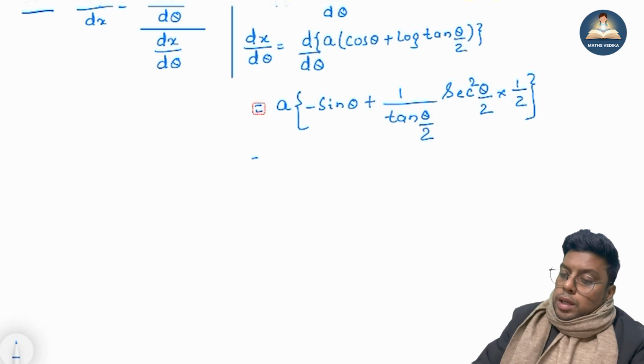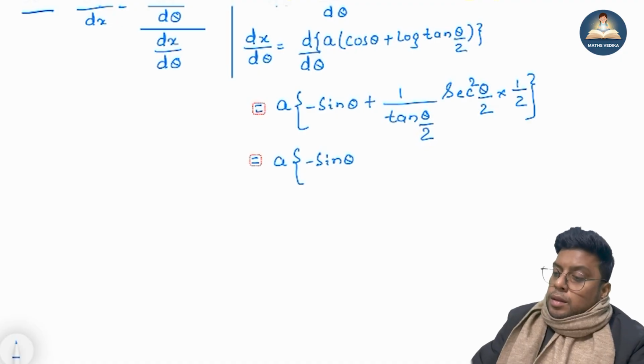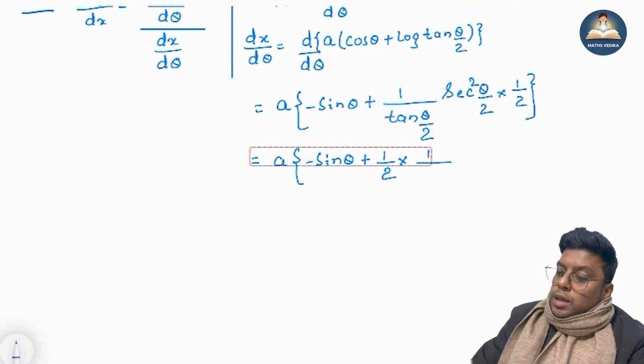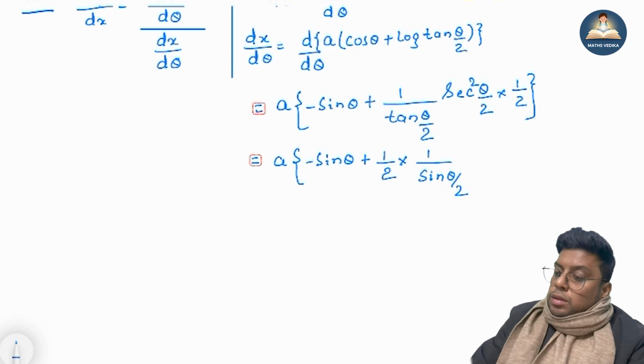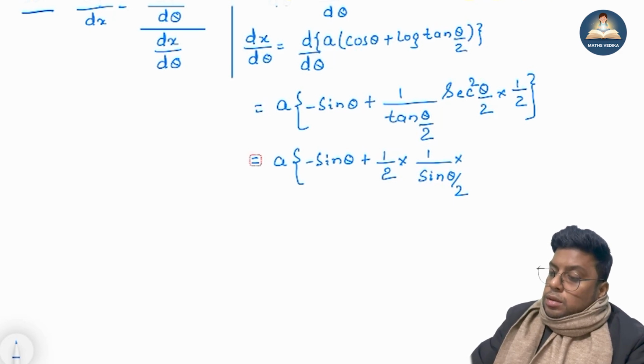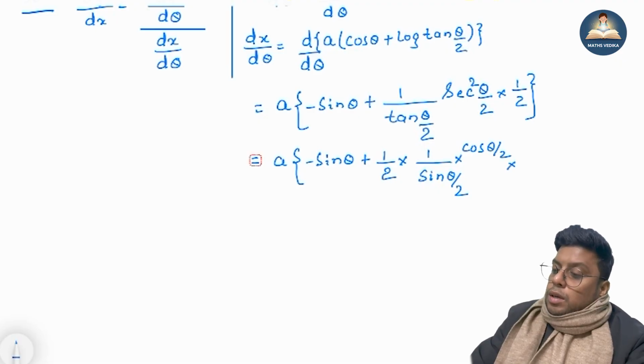Which is equal to a into minus sin theta plus half into, now 1 by tan theta by 2 will be written as cos theta by 2 divided by sin theta by 2, so cos theta by 2 comes to the numerator, into sec square theta by 2, which will be written as 1 by cos square theta by 2.